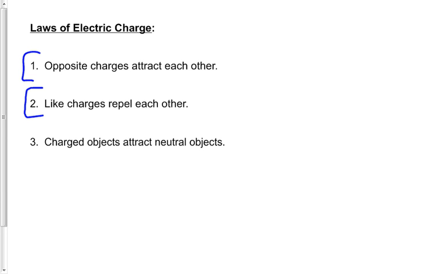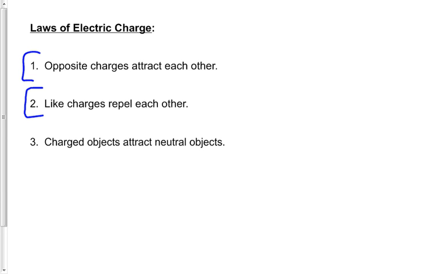Like charges repel each other. A negatively charged piece of plastic will repel a negatively charged piece of whatever. A positively charged balloon will repel a positively charged plastic spoon or whatever the case may be. Like charges repel each other.